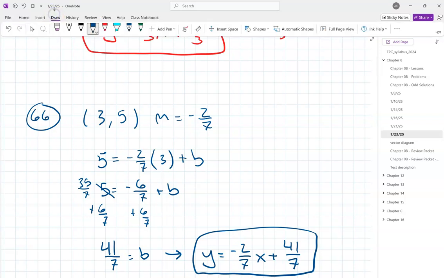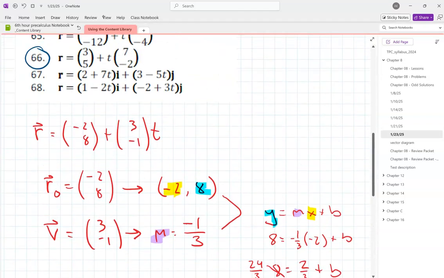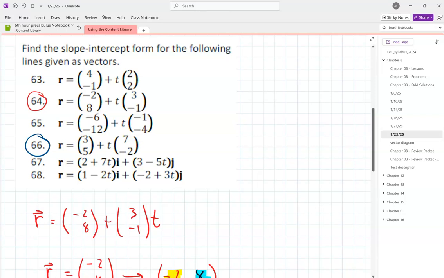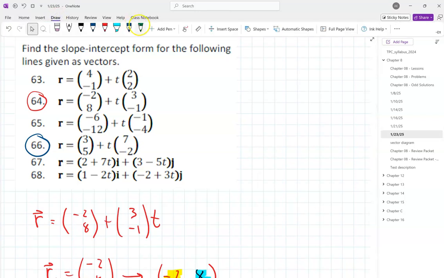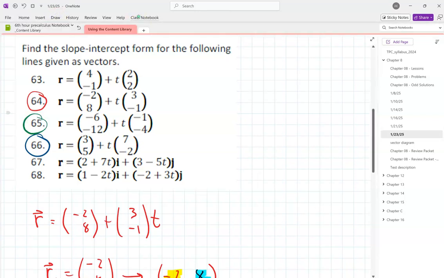Others? Questions from homework? Yeah, Josh. Number 65. Okay. So again, kind of the same thing. Hopefully we can read from the problem that the point is going to be -6, -12, and the slope is going to be -4 over -1.